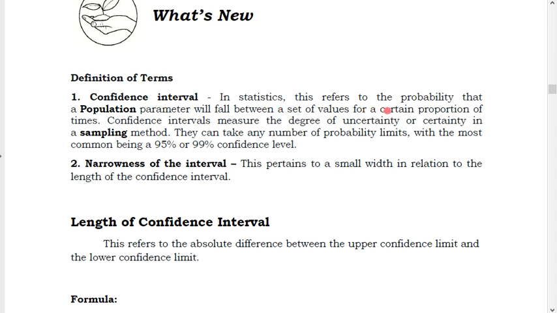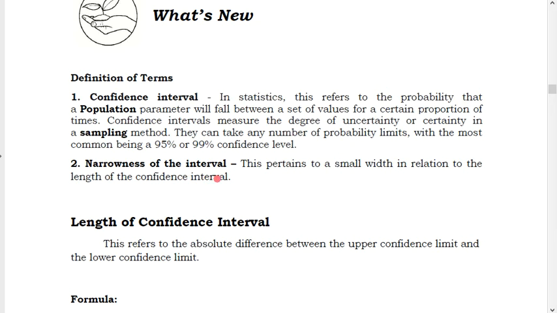In statistics, this refers to the probability that a population parameter will fall between a set of values for a certain proportion of times. Confidence intervals measure the degree of uncertainty or certainty in a sampling method. They can take any number of probability limits, with the most common being a 95% or 99% confidence level.